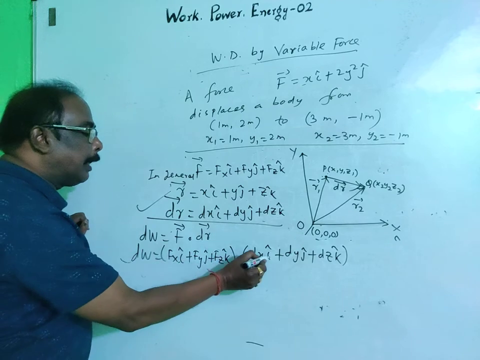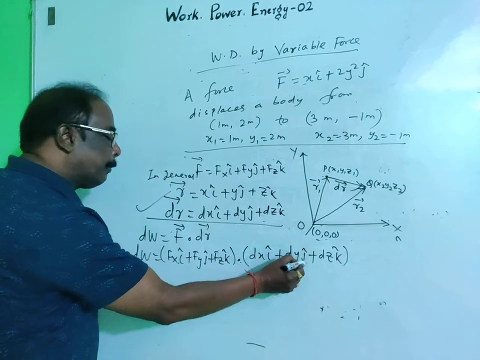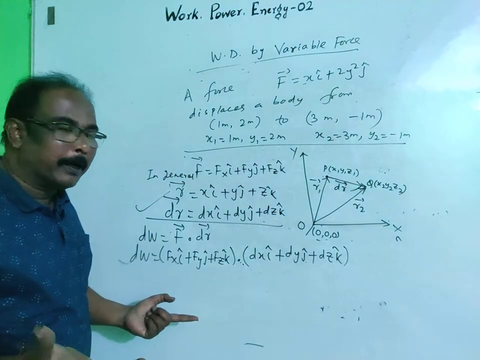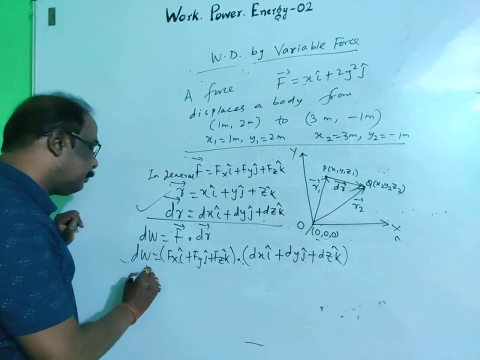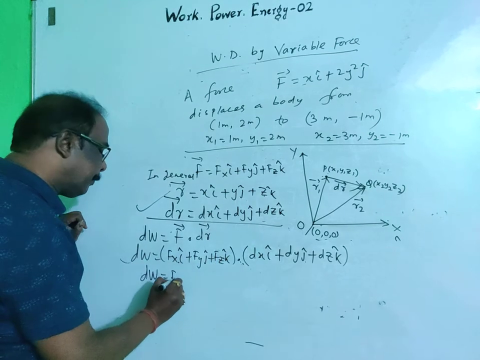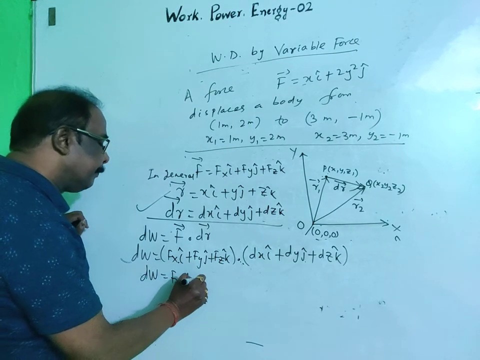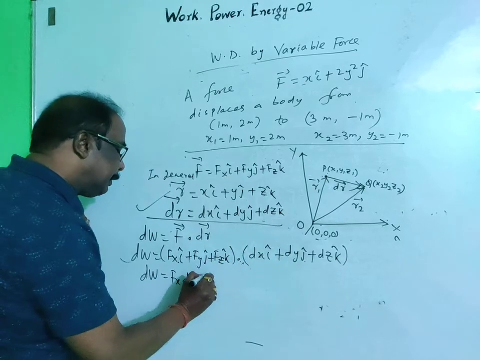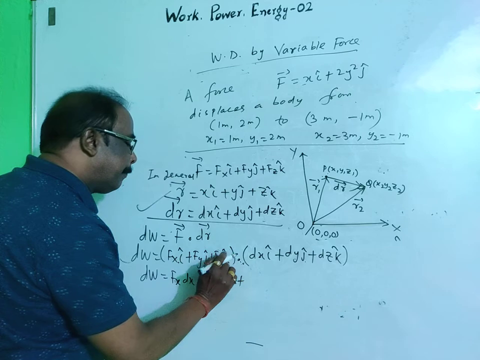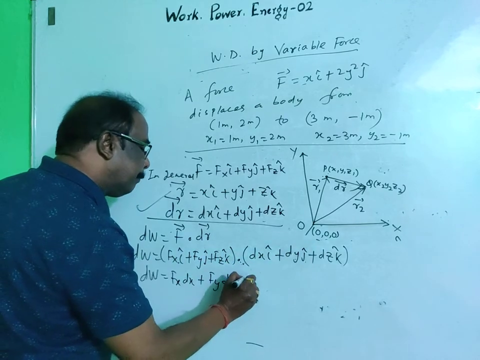I cap dot I cap is 1, j cap dot j cap is 1, k cap dot k cap is 1, simply dot product in terms of rectangular components. So dW is equal to Fx I cap dot dx I cap, Fx dx, Fy j cap dot dy j cap, Fy dy, Fz k cap dot dz k cap, Fz dz.